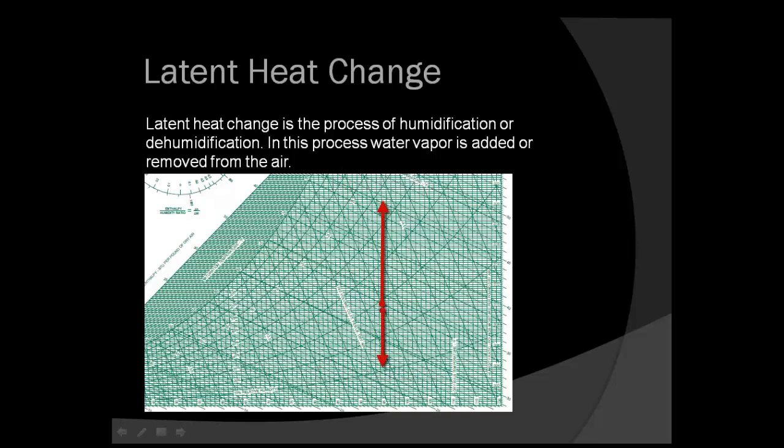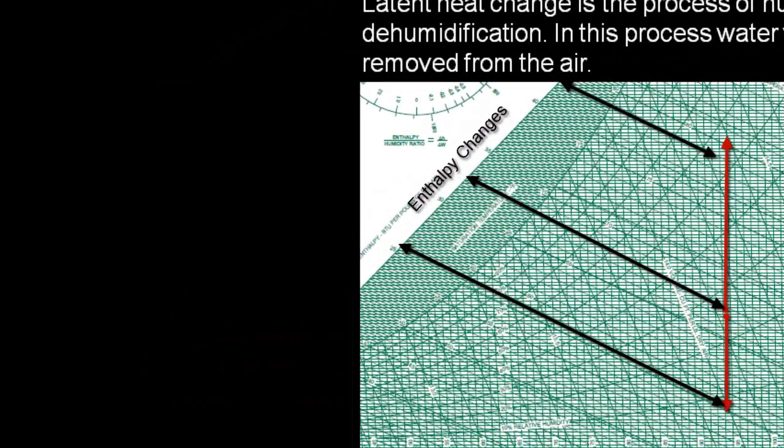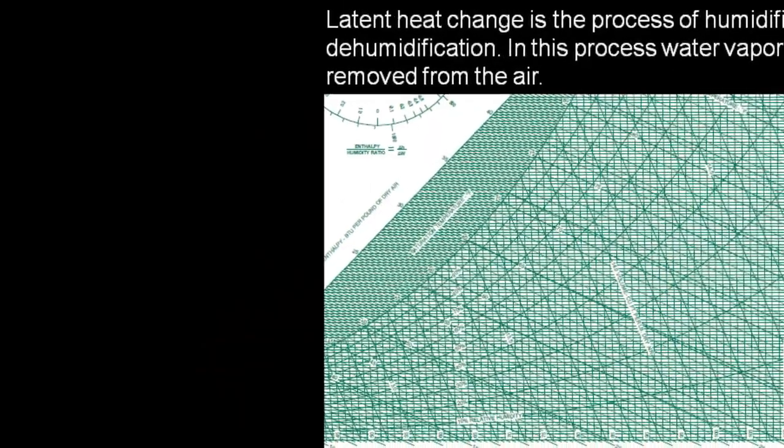Because the dry bulb temperature is not affected, there is not a sensible change in the air temperature. Note that in the humidification process, the specific enthalpy of the air is increased, and in dehumidification, the enthalpy decreases.